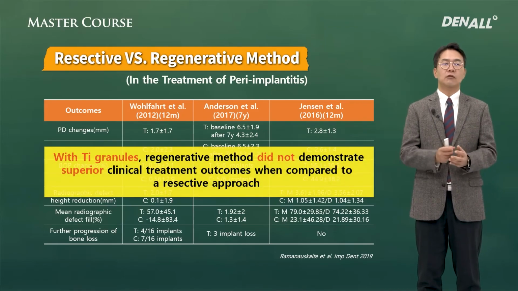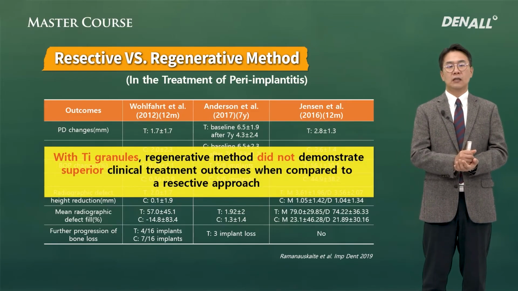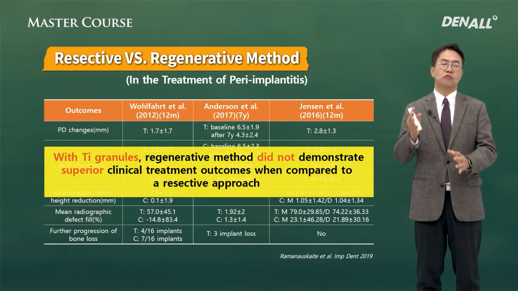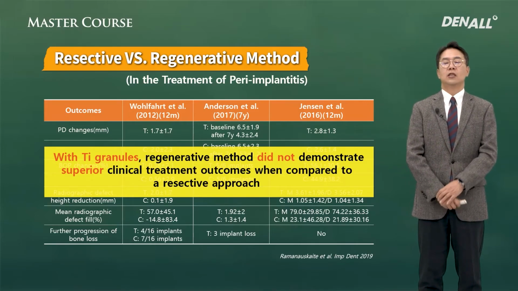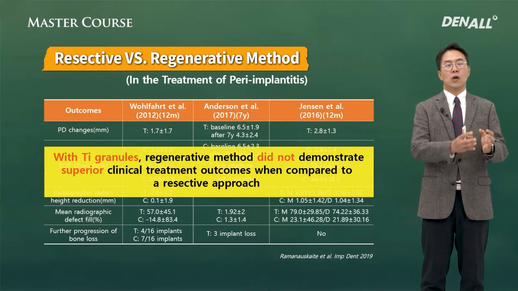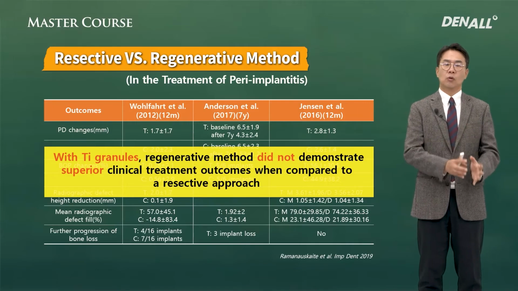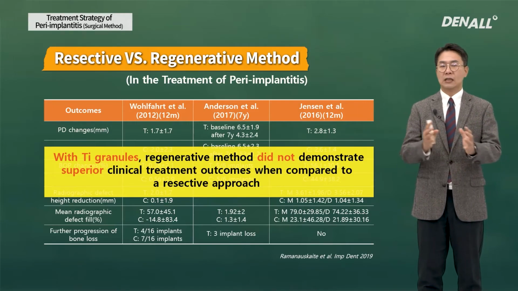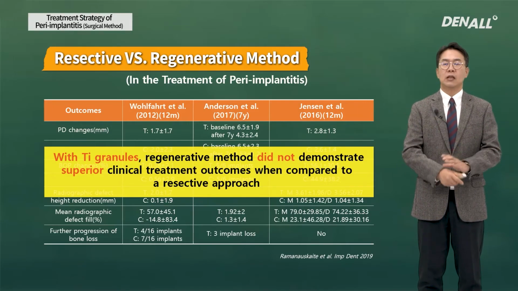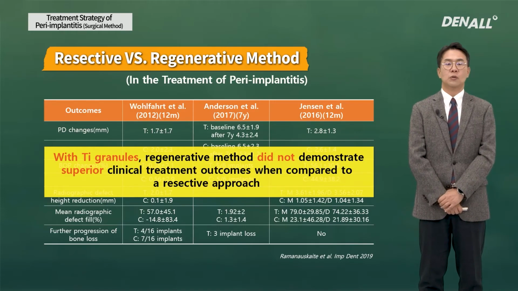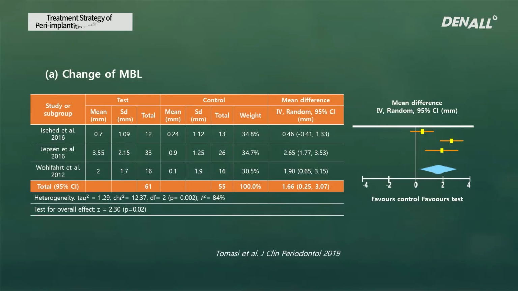When titanium granule was used in the study, it was difficult to pinpoint which was better between resective and regenerative therapy. However, if conditions were different, for example, if xenograft, synthetic graft, or autograft were used, I think the results could have been different. Because there is not that much research on this, I am very cautious about coming to a conclusion on this issue.